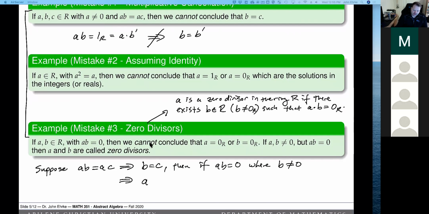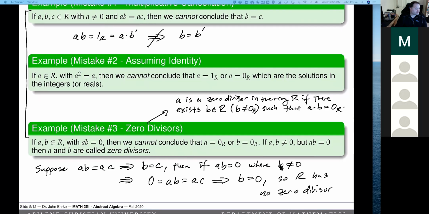It says that AB, or 0, is equal to AB, which is equal to AC, right? But that implies that B would have to be 0. So R has no 0 divisors.